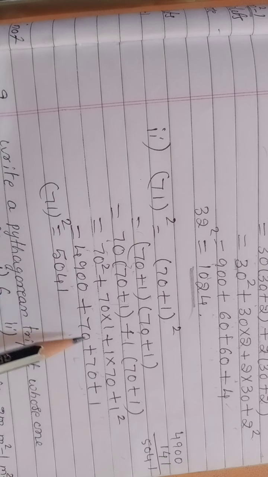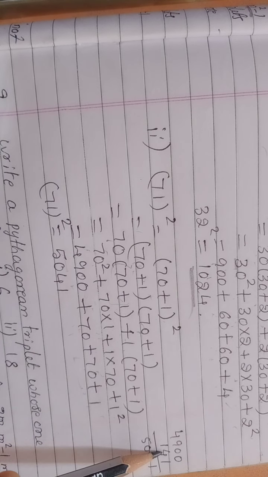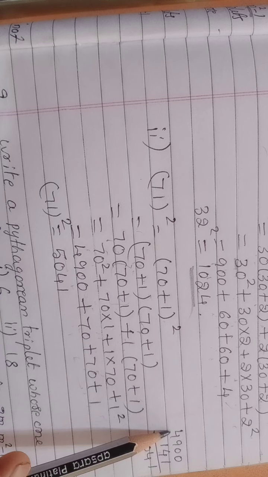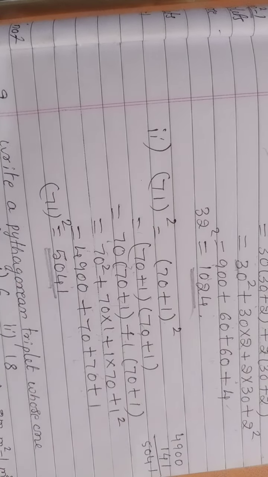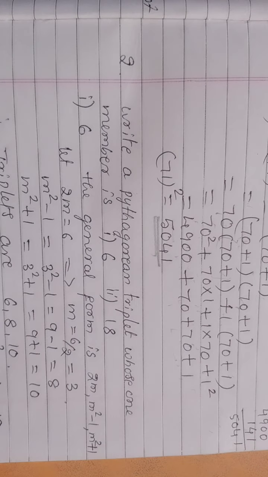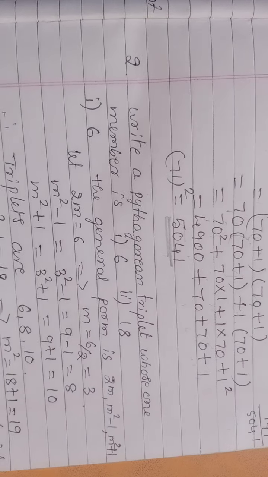Add all this: 70, 70, 140 plus 1, 141, add that to the 4900, 5041 we are getting.